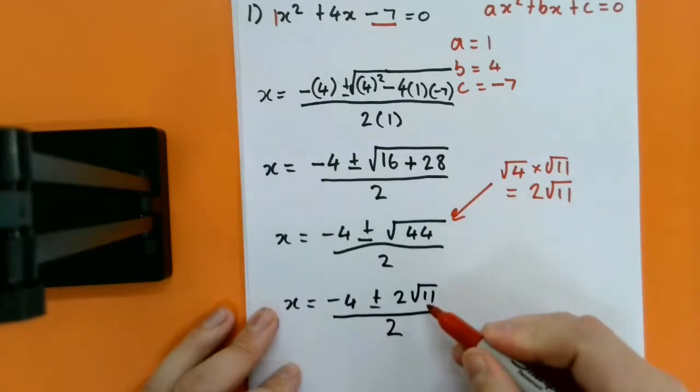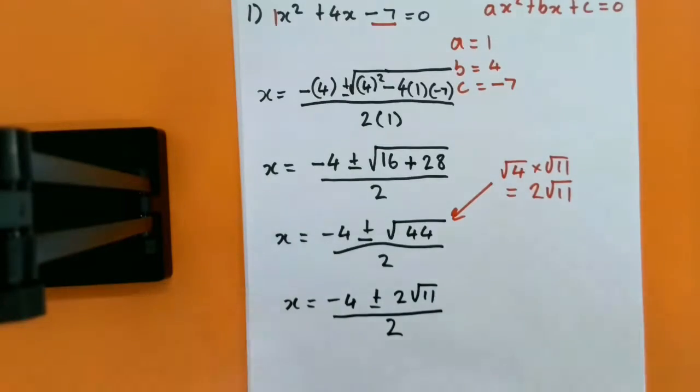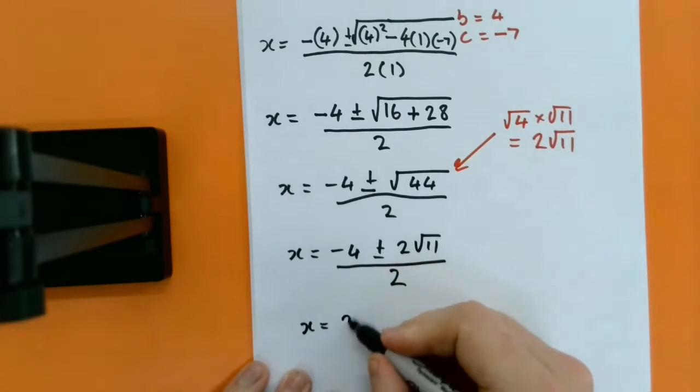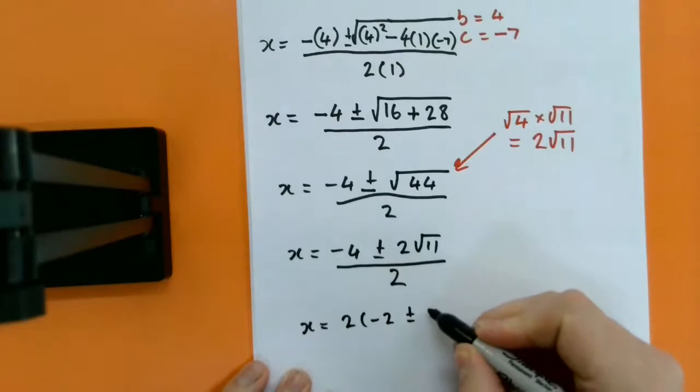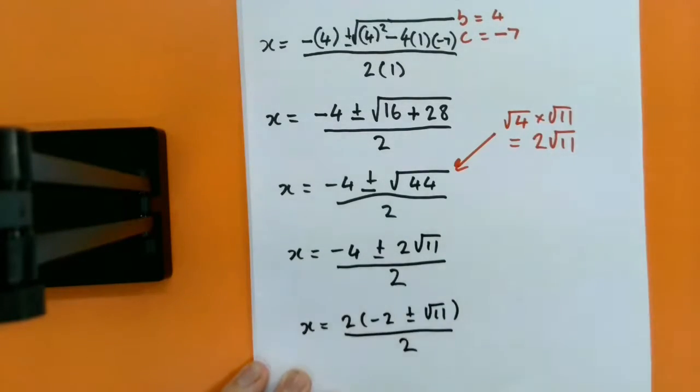We can factorise the numerator of this fraction, and I actually encourage you to do this to try and get your answer as simple as possible. If we factorise the top, you'll notice it has a common factor of 2 on both terms. So now x is equal to 2 outside of minus 2 plus or minus root 11, all over 2.